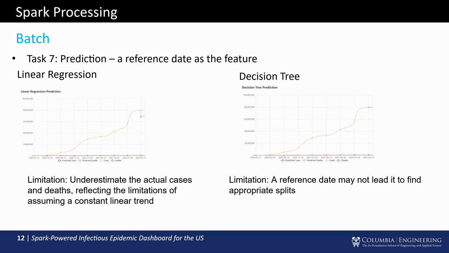We use 2 algorithms here, linear regression and decision tree. Linear regression shows some limitations in that it underestimates the actual cases and deaths. For decision trees, the reference data may not lead to appropriate states.